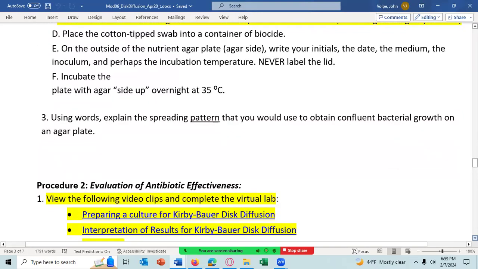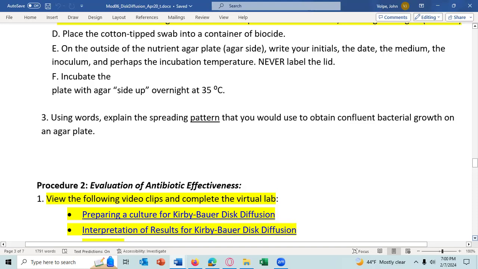You then allow the liquid containing the bacteria to be absorbed by the media for 5 minutes, and then you put the disc containing the antibiotics on the plate. Then you take the plate and put it upside down, and stick it in the incubator upside down.